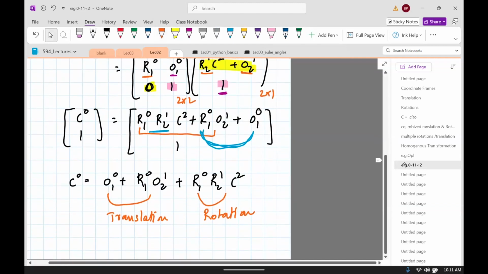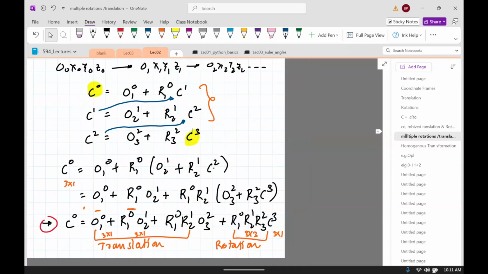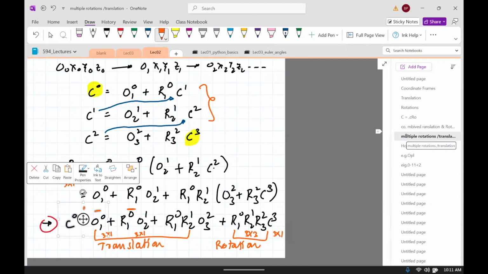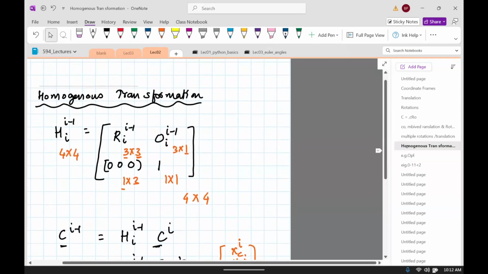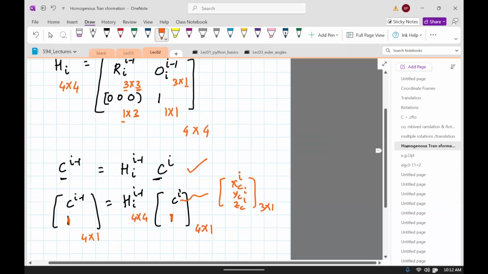So you can just keep multiplying h's, and then you will get the formula without actually having to keep track of things like this, that you need to remember how this index works. It's much more work than trying to use this notation. Okay, so we'll be using homogeneous transformation throughout.